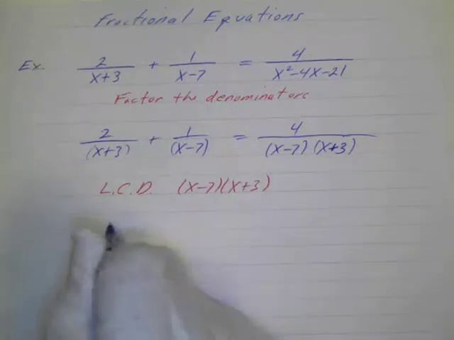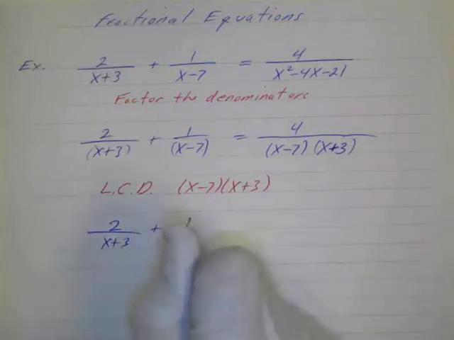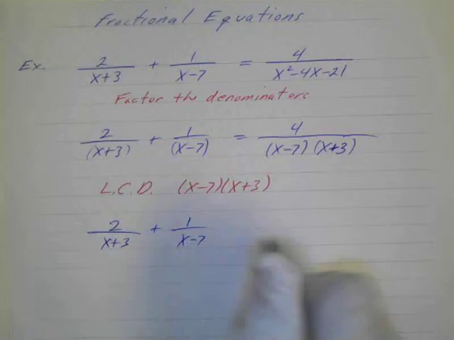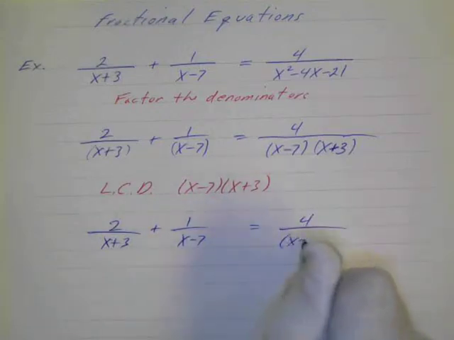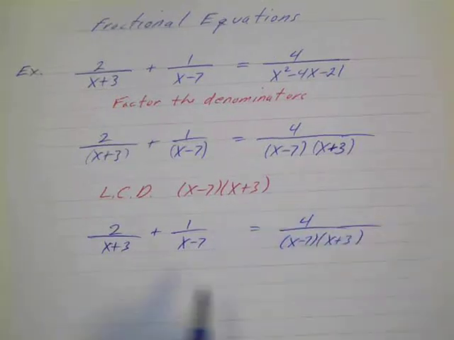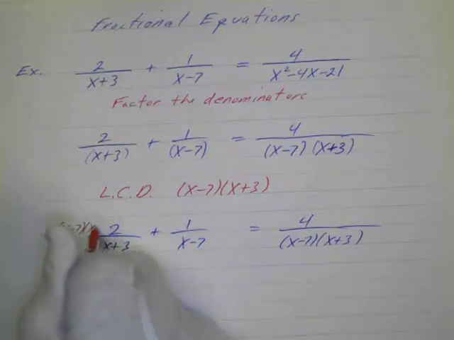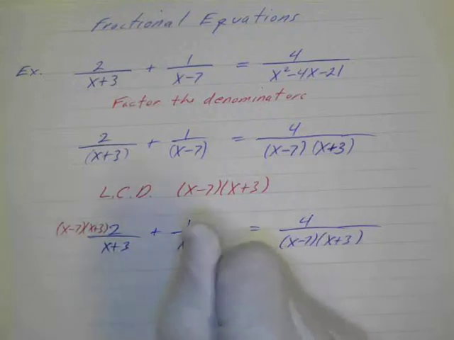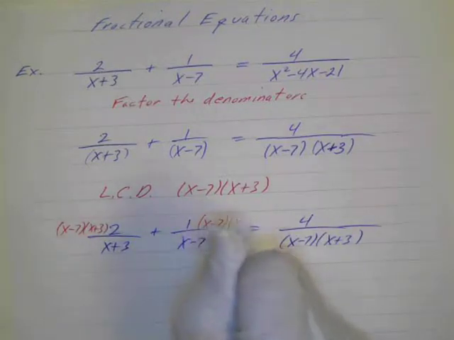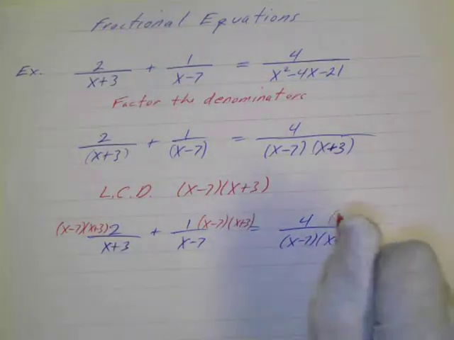So I'll rewrite my equation so you can see that. And we have to multiply every term by the LCD. So I'm going to multiply this by, multiply this by, and I'll multiply this by.